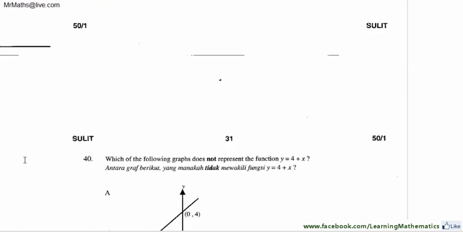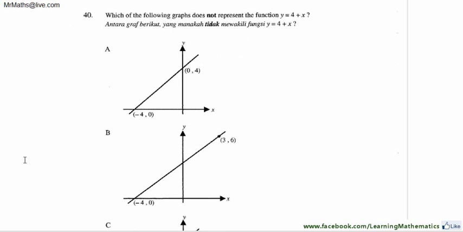And the last question of paper 1. Which of the following graphs does not represent the function y equals 4x? If you take a look at the normal function of a straight line, y is equal to mx plus c, right?